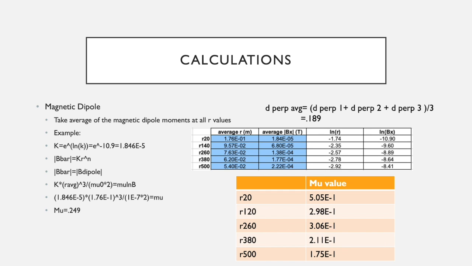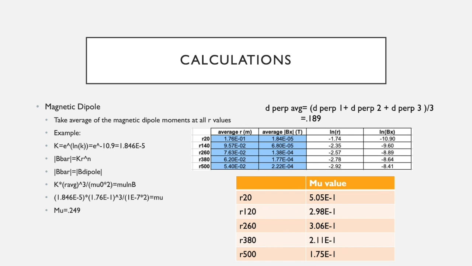The way that I solved for my average mu was by solving for the mu at each distance and then taking the average, using the equations k equals e to the ln k and the magnitude of B equals k r to the n. I also used the idea that the magnitude of B equals the magnitude of B dipole. And rearranging the equations, I solved for mu.